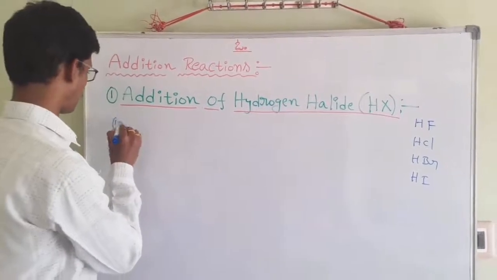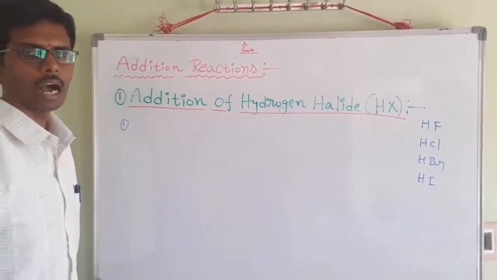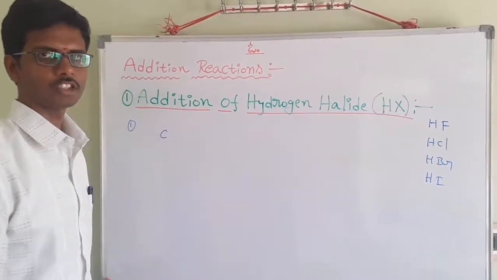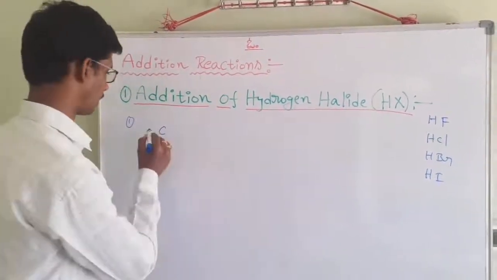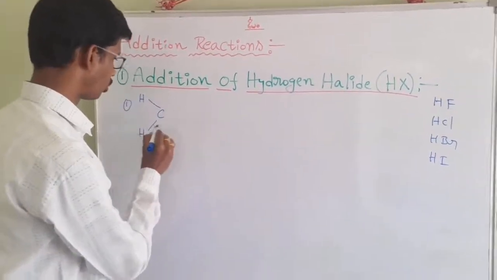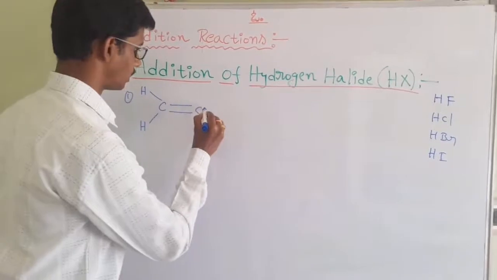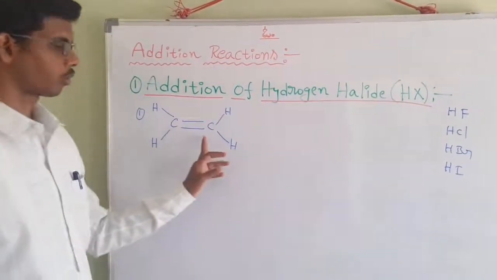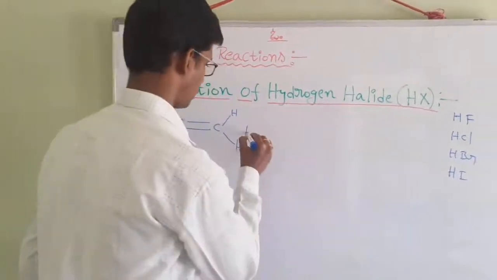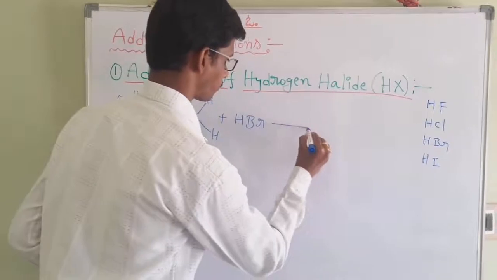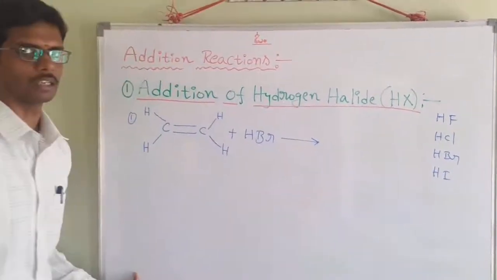Let us take one simple alkene molecule, that is ethene. What is the ethene formula? CH2 double bond CH2. I have written the expanded structure, CH2 double bond CH2. To this, add an HBr molecule.